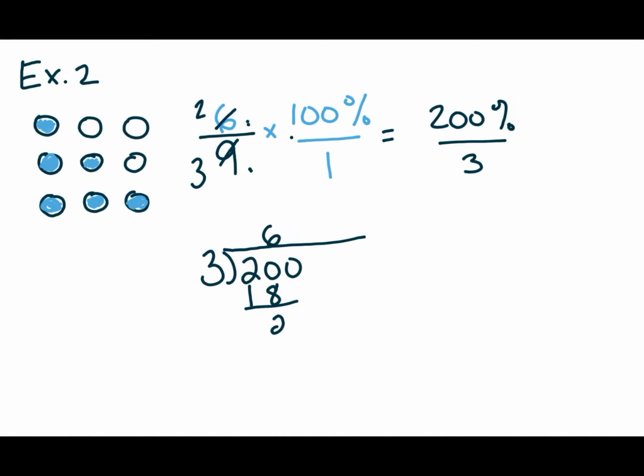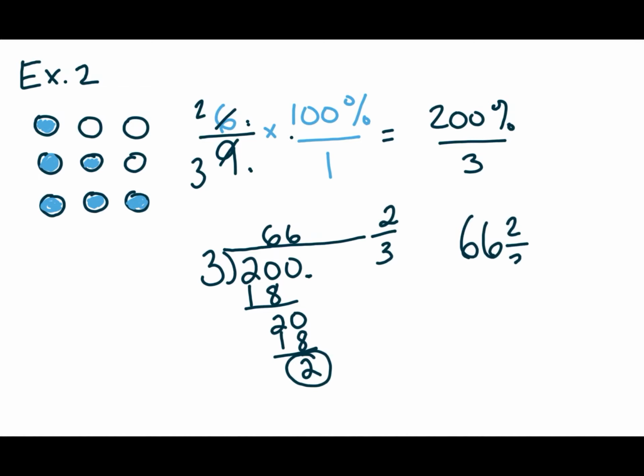So we're going to stop there, and we're going to make this a fraction. So it's 66 and 2/3. Okay, that is our percentage of shaded circles. 66 and 2/3%.